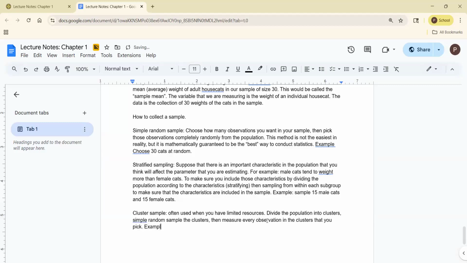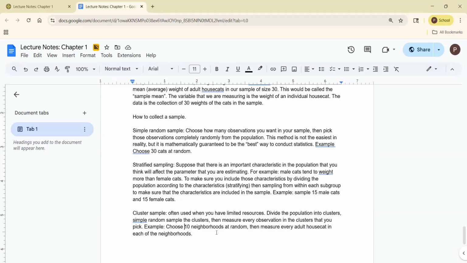So in our example, maybe you pick neighborhoods instead. Choose 10 neighborhoods at random, then measure every adult house cat in each of the neighborhoods. It's a lot less random than a simple random sample, but generally it's a good balance.